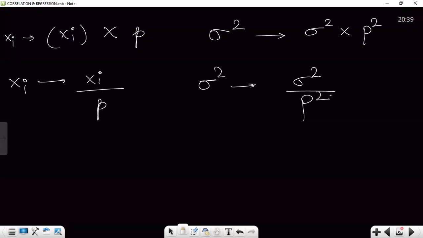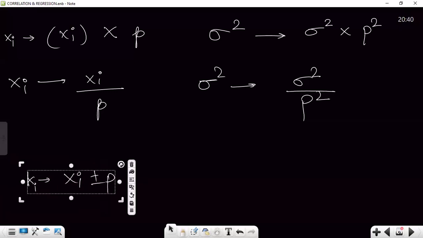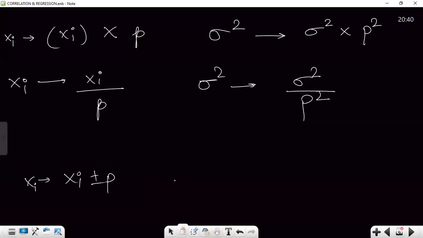This is important for you to understand. And if there are plus or minus changes in the elements, then there will be no change in variation, unaltered.